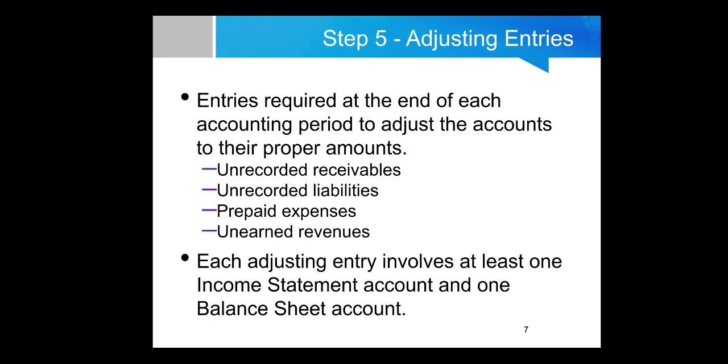Okay, so there are four main types of adjusting entries. The first one is unrecorded receivables. The second one is unrecorded liabilities. The third one is prepaid expenses. The fourth one is unearned revenues. Each adjusting entry involves at least one income statement account and one balance sheet account.